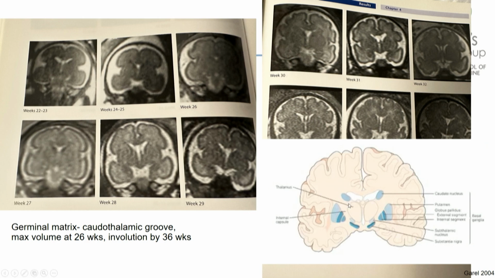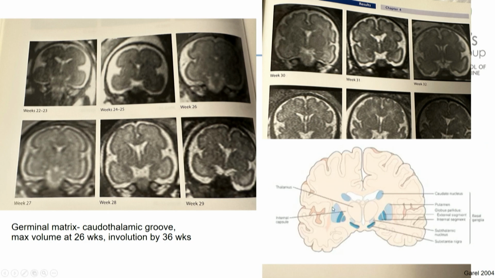So the germinal matrix lives right here, and it's basically the birthplace for most neurons and glial cells, a lot of the supporting cells. So from about 10 to 20 weeks, it is the birthplace of all of those cells, and then it continues to produce cells, and then they will migrate out to where they're supposed to be. It's important because it reaches its maximum volume around 26 weeks, and it is very, very vascular, right?